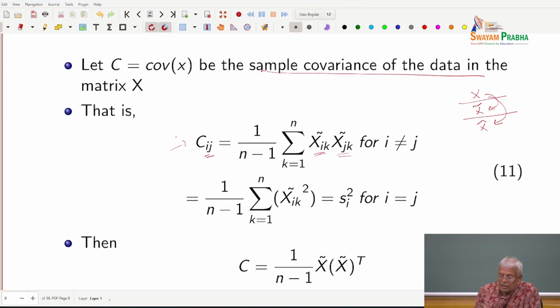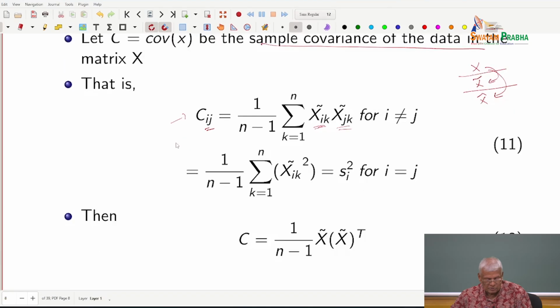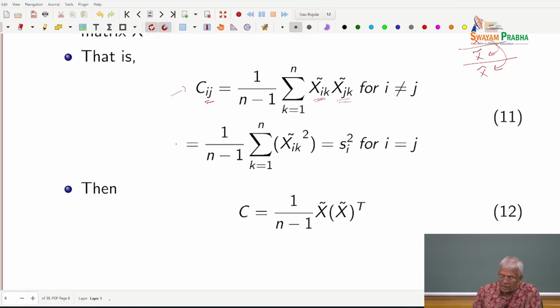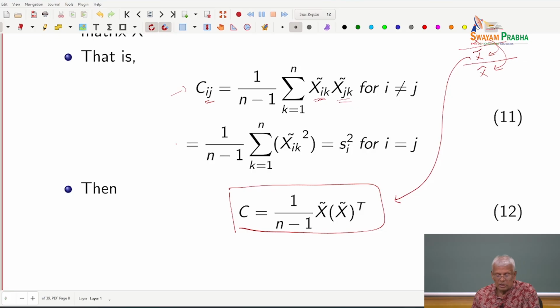I am considering I not equal to j for that one, and for I equal to j this is equal to s square. Therefore, the covariance matrix C is simply 1 over n minus 1 times x tilde times X tilde transpose. So from X tilde, I am computing the covariance matrix.